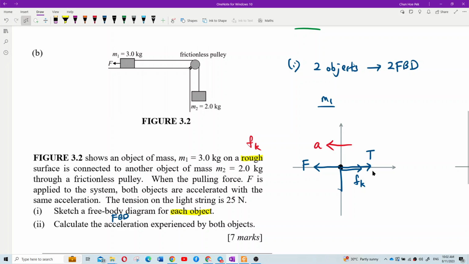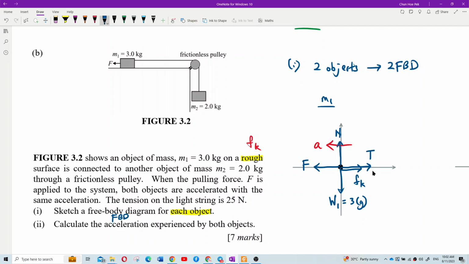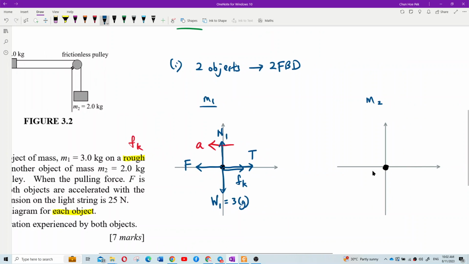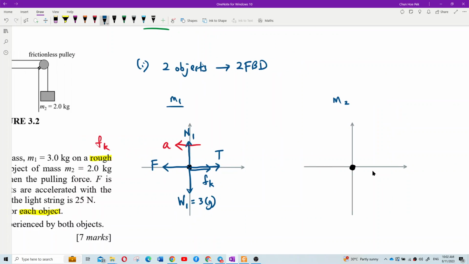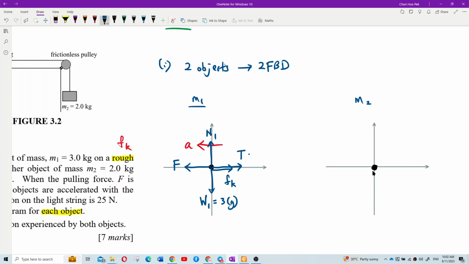And then we have the weight, W1 equals 3g, and the normal force. That's the free body diagram for mass 1. The tension here is 25 Newton, not meter.